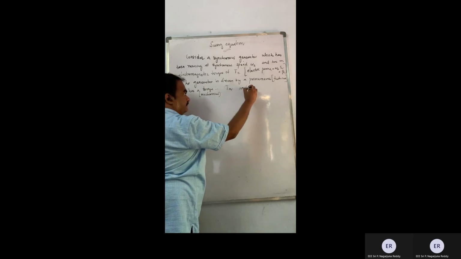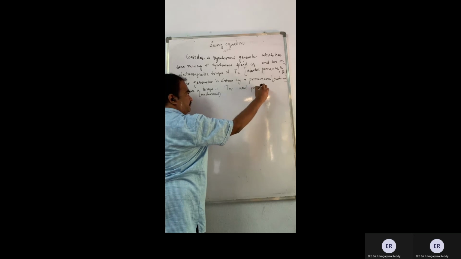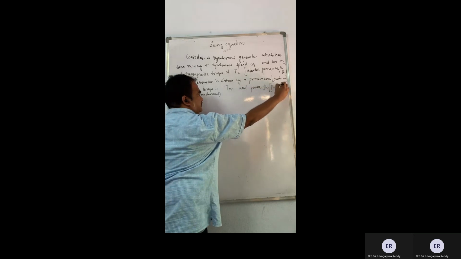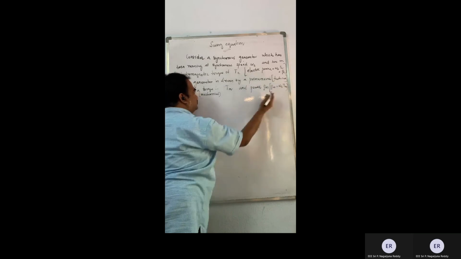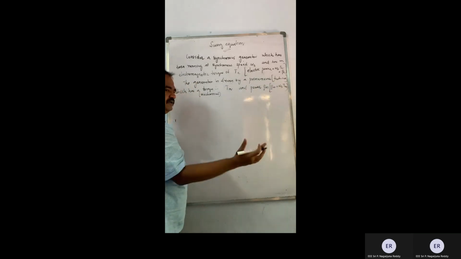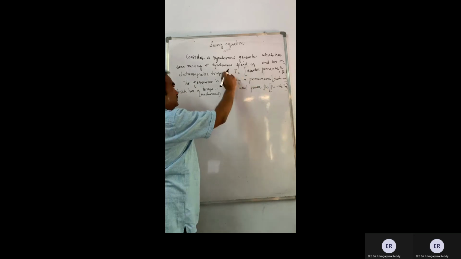And a power of Pm, where Pm is equal to omega s into Tm. So this was the turbine part which is being fed to your generator, and the generator was developing an electric power.